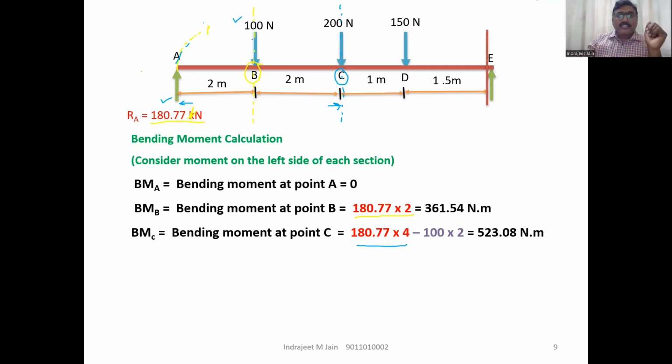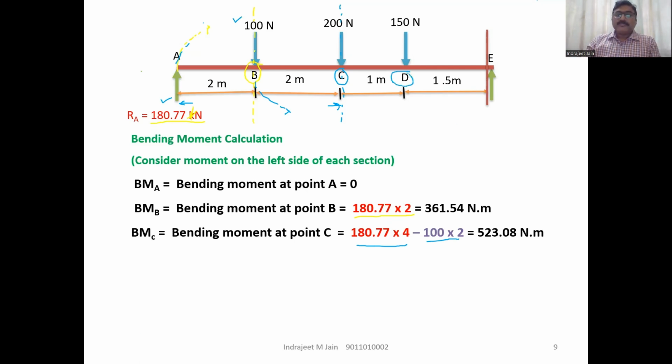And then this 100 kilonewton into the perpendicular distance of 2 meters from B to C produces an anti-clockwise moment about C. So here this is minus, and your resultant moment at that point C is 523.08. After this, we'll go for the point D.